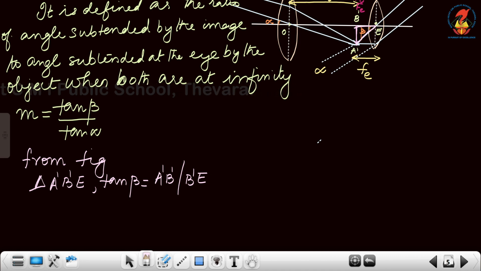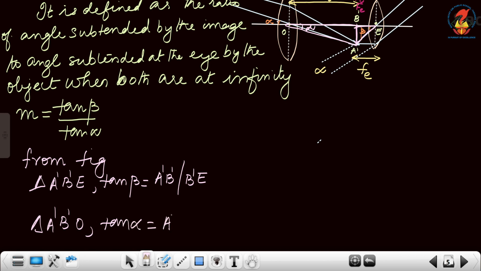Similarly, from the triangle A dash B dash O, we get tan alpha. This is alpha. Since this alpha is also alpha, we get from triangle A dash B dash O, tan alpha is equal to opposite side by adjacent side.